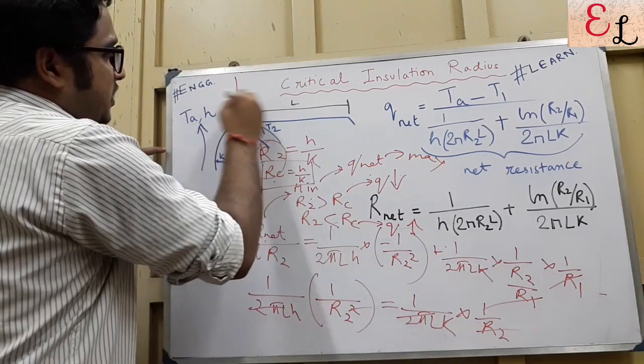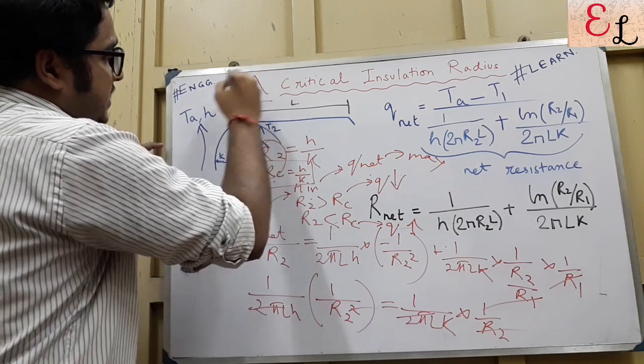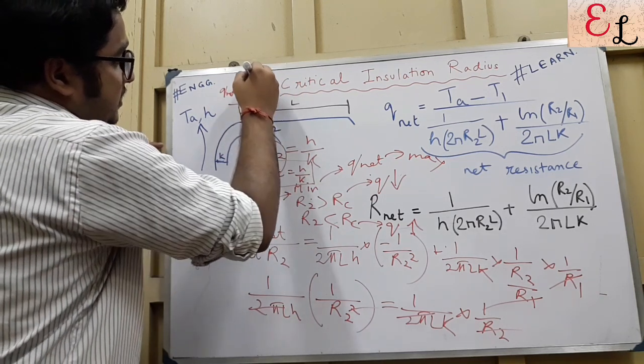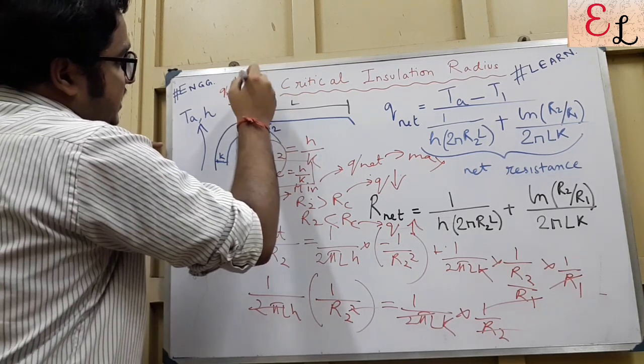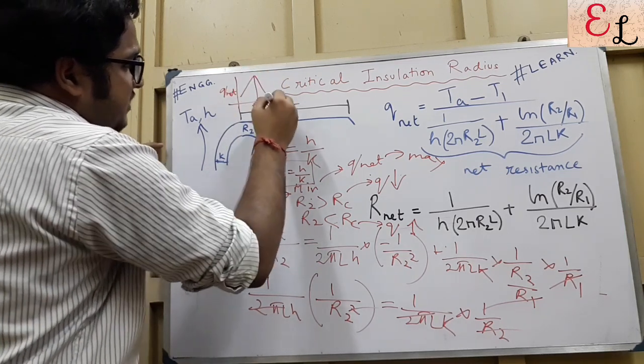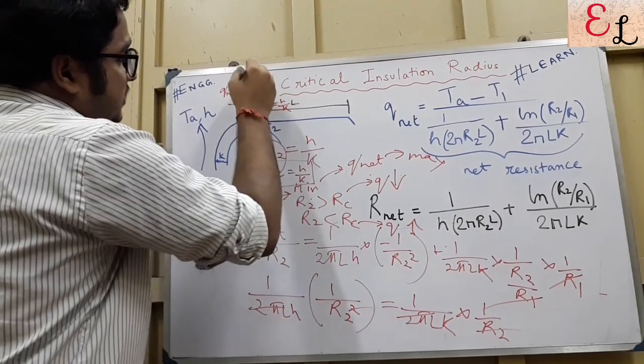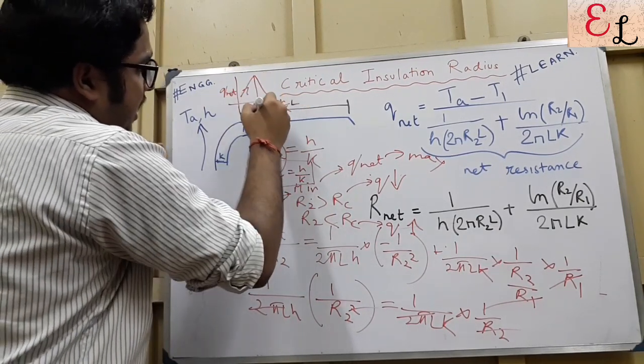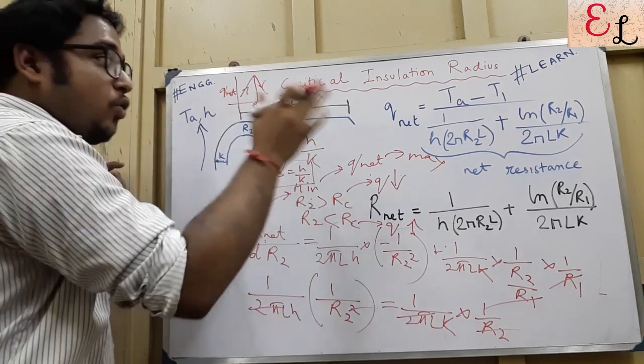Corresponding to this graph, it will be something like this, as I have already shown. Q net versus R, this is my RC, where RC equals H by K. Till this point, Q will tend to increase with increase of R2, and after that it will tend to decrease.